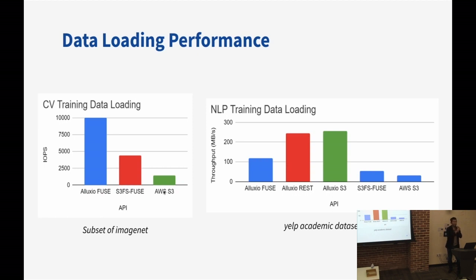Because for each request, you need to do a very heavy handshake and very heavy communication between your server and the S3 server. So that's why different APIs, different algorithms can give you different performance gains. And you can see on the other side, on the AI training, the S3 can give you much better performance, because here we measure the throughput, and on the other side, we measure the latency and IOPS. They are very different.